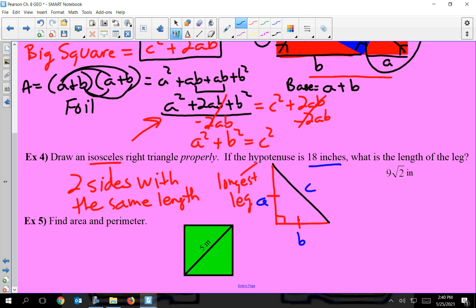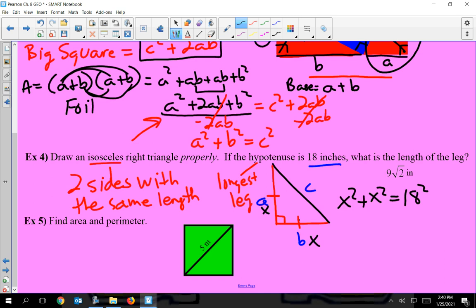But because they're both the same, I could call both of them X. Okay, because they should be equal if it's isosceles. So instead of A squared and B squared, I can go X squared plus X squared equals 18 inches squared. Okay.